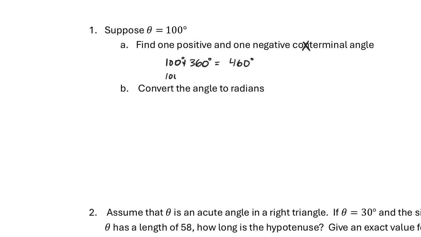If we go the other direction and subtract 360 degrees, we end up with our negative coterminal angle. That's negative 260 degrees.